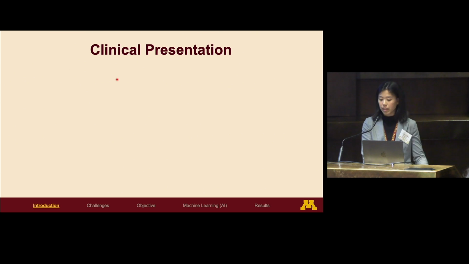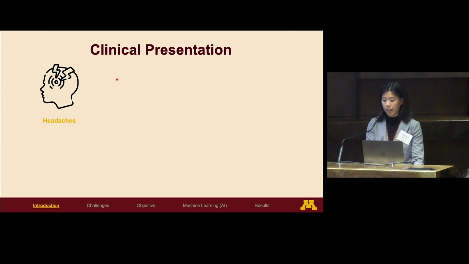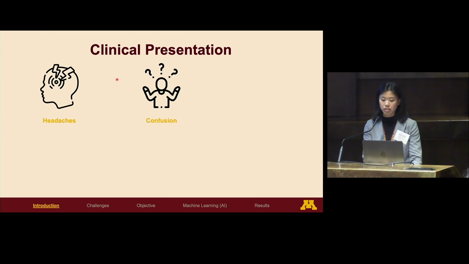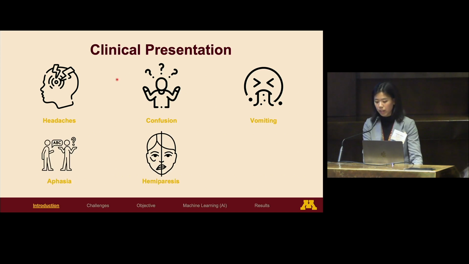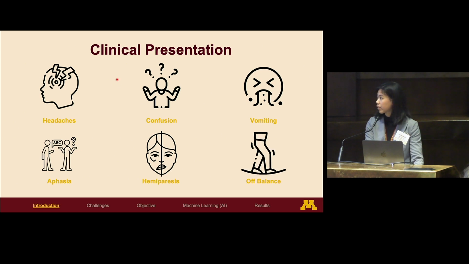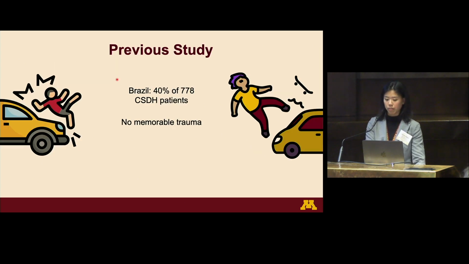The clinical presentation can vary from no symptoms at all to headaches, the most commonly reported symptom, seen in up to 80% of patients. Confusion is next, occurring in up to about 56% of cases. Next are vomiting, aphasia, which is difficulty in speech, hemiparesis, weakness on one side of the body, or being off balance, and so on.